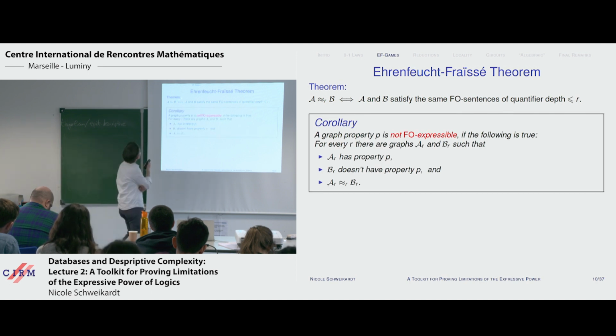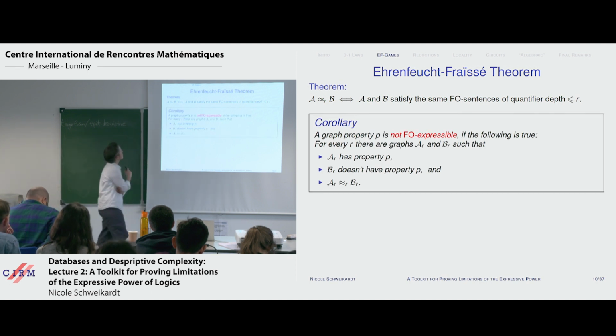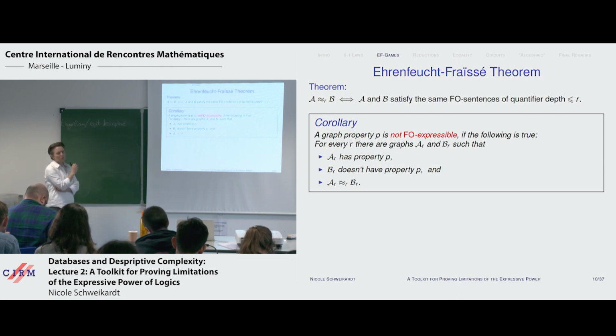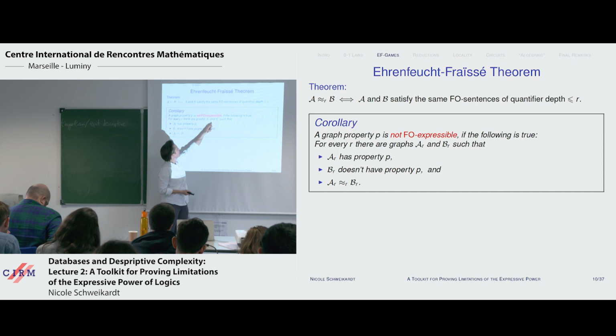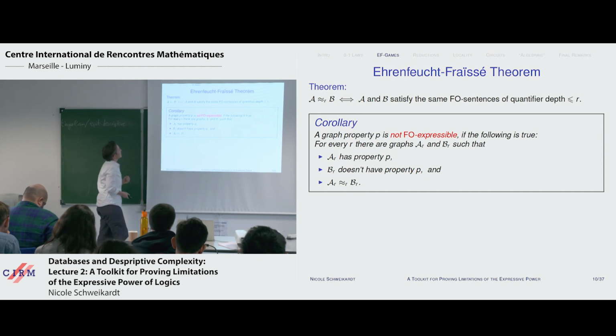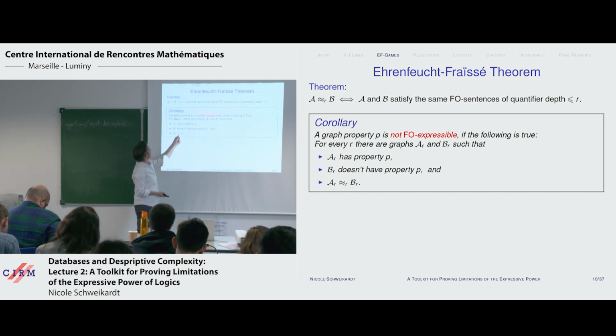But what does this theorem tell you as a corollary? If you want to prove that some graph property P is not first order expressible, then you can try to find for every number R graphs A_R and B_R such that the duplicator has a winning strategy in the R round game on these 2 graphs, but one graph has the property and the other one doesn't.